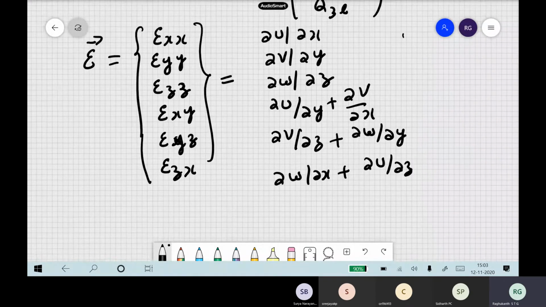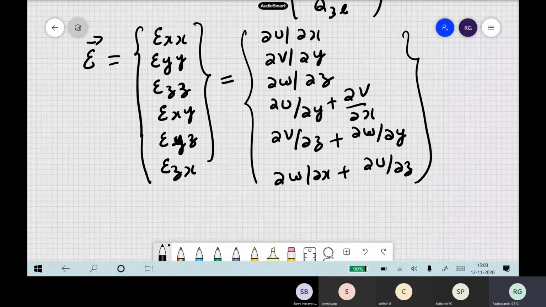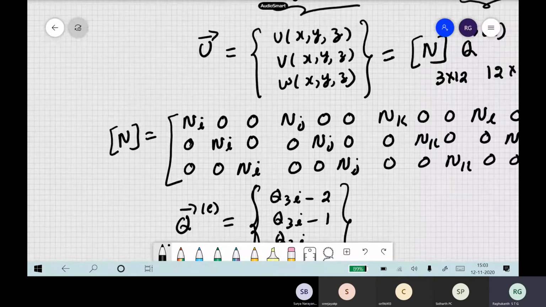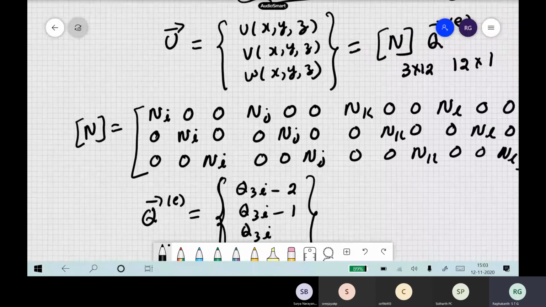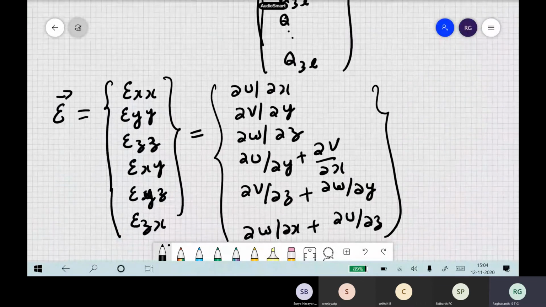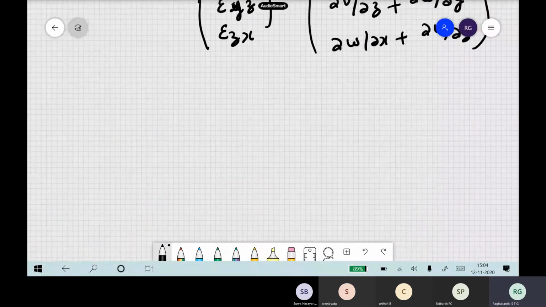So this is our strain matrix. Now we know u, v, w, which we write in terms of the shape functions. So you can substitute in that equation and extract your B matrix also. Okay, so this B matrix can be extracted, you followed, by substituting in this expression.